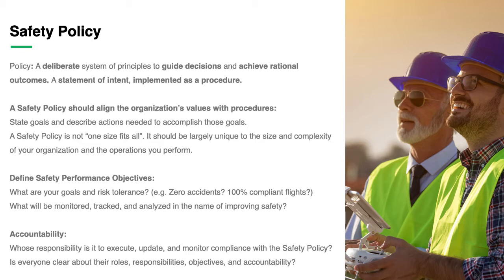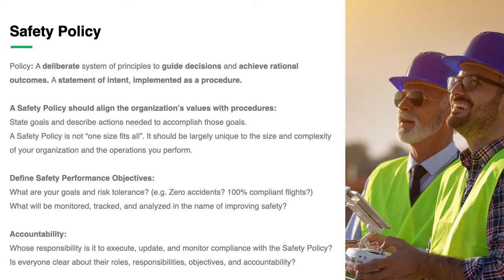The second important part of safety policy is to design performance objectives. This is why developing a safety policy is a good idea for an organization of any size, because it forces you to think a little bit deeper about what the goals of your organization are in terms of safety. What is your risk tolerance? What is important to monitor, track, and analyze in the name of improving your safety outcomes? All of these goals and risk tolerances can be different from organization to organization.